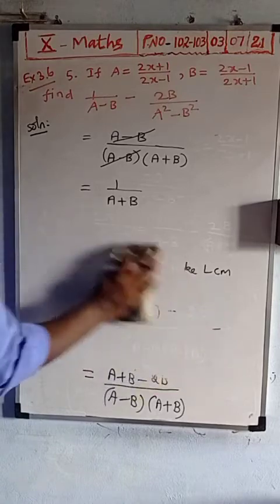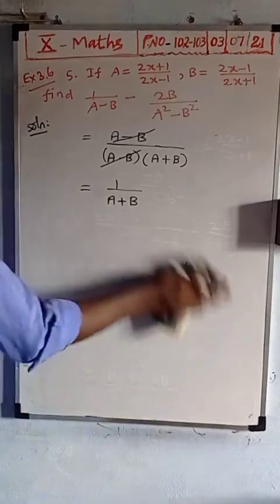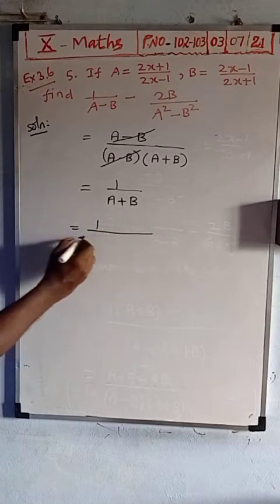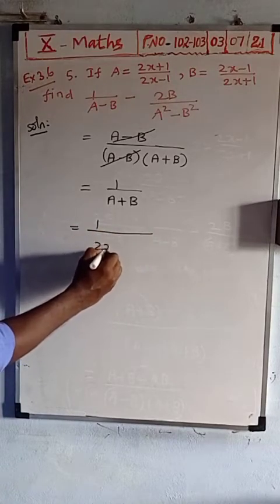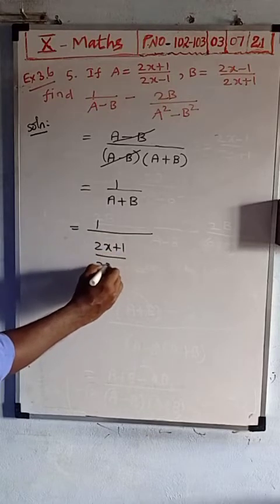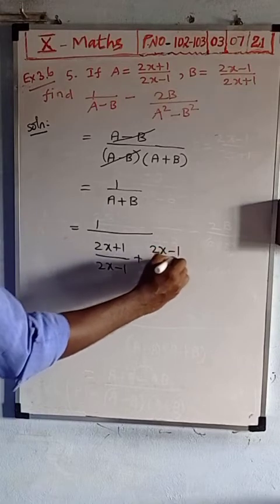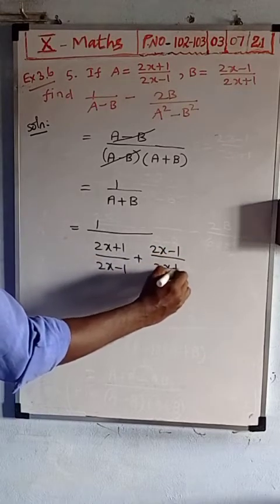Yes, now you should substitute the x and y values. Substituting the a and b values, 1 divided by a, what is that, 2x plus 1 divided by 2x minus 1, plus here 2x minus 1 divided by 2x plus 1.